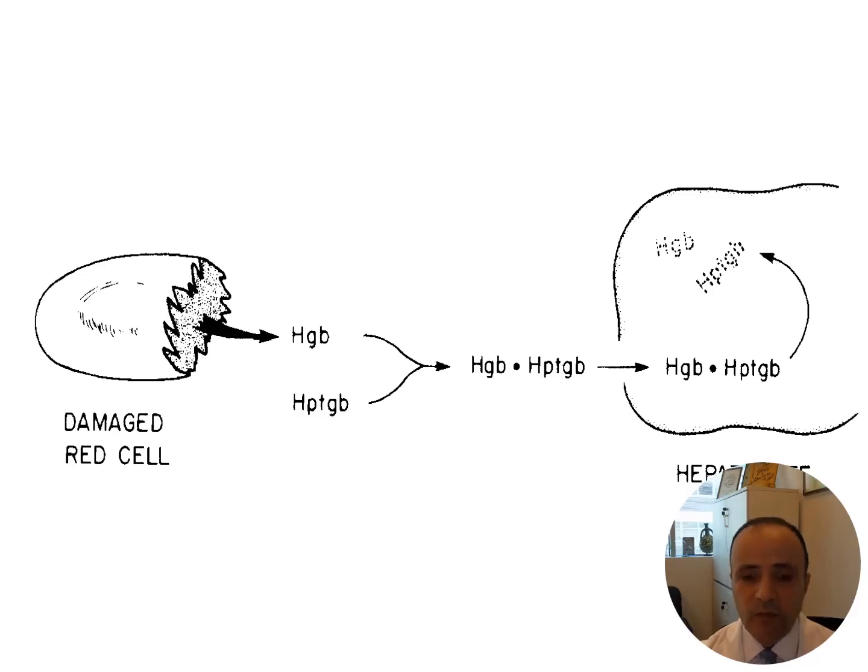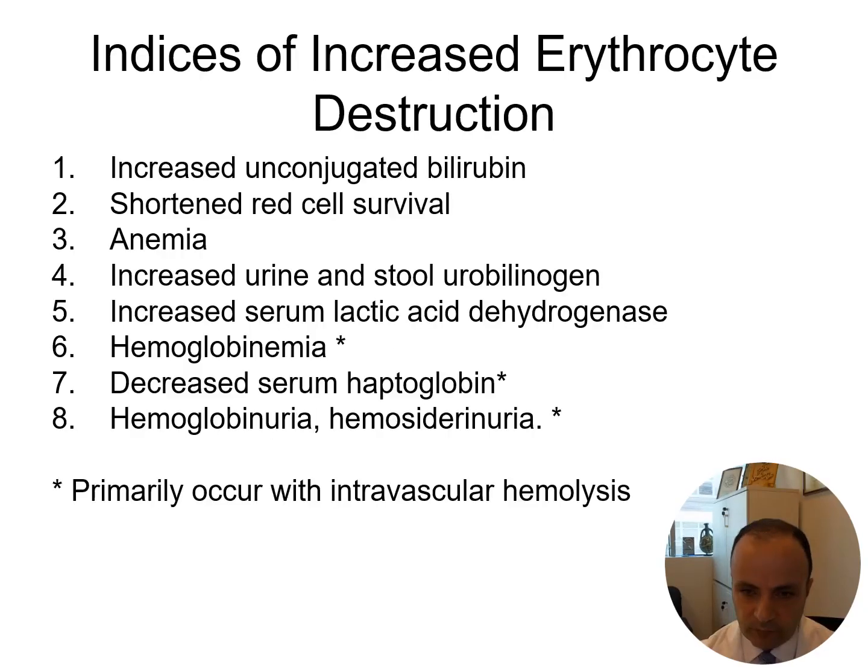With intravascular hemolysis, the cell lyses within the blood vessel itself, so you have release of free hemoglobin. Some of this hemoglobin gets bound by haptoglobin, forming hemoglobin-haptoglobin conjugates. So this will rapidly consume haptoglobin, so the haptoglobin level goes down. As I mentioned in the previous slide, you have free hemoglobin, hemoglobinemia, hemoglobinuria, and hemosiderinuria, and also you end up with a low haptoglobin level when you have intravascular hemolysis.